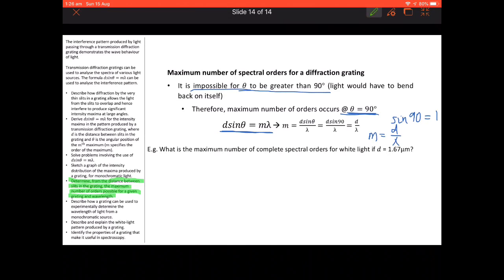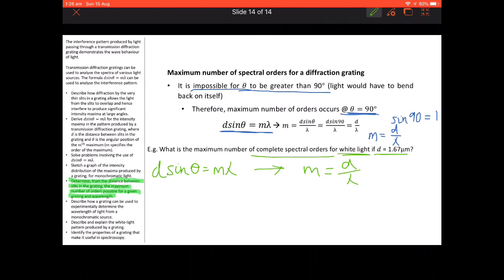This question: what is the maximum number of complete spectral orders for white light? Again, if d is 1.67 micrometers. So we'll use d sine theta equals m lambda, and of course this will simplify to m equals d divided by lambda.